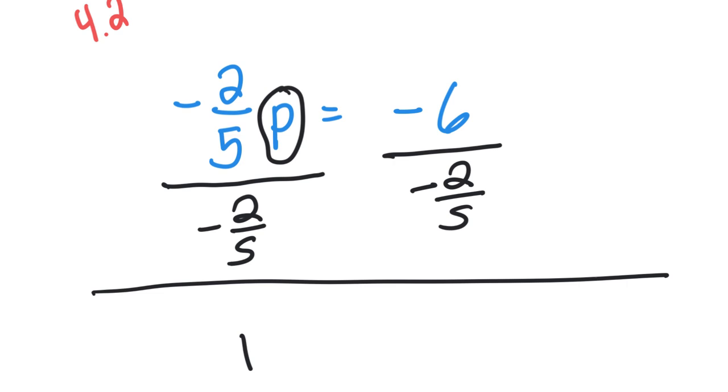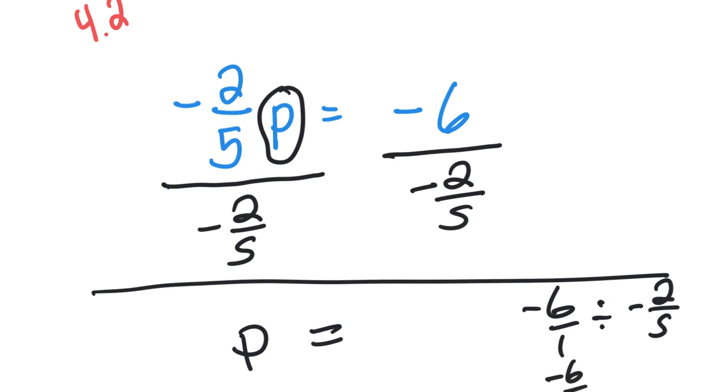So I get P equals, now I go negative 6, make that into a fraction, divided by negative 2/5. A negative divided by a negative, it's going to be a positive, so I know I'm going to end with a positive, but I got to keep, change, flip.